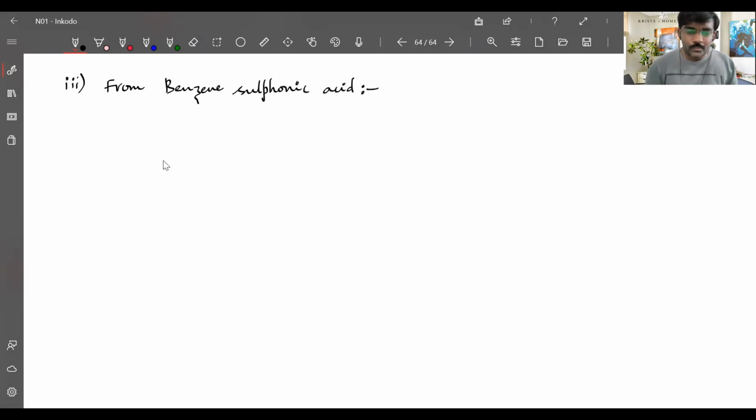Benzene sulfonic acid means on the benzene ring there will be SO3H. That is called benzene sulfonic acid.